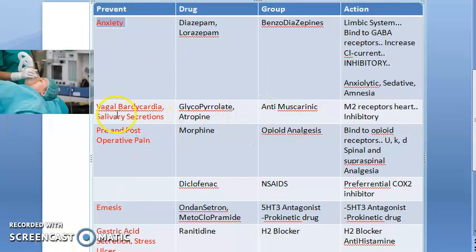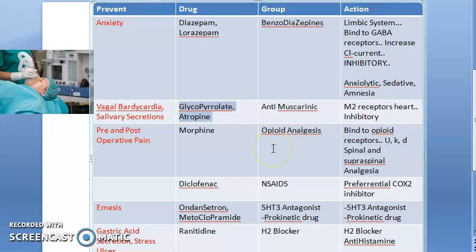Now let's move on. Basically the problem here is bradycardia and salivary secretion. So if we want to stop bradycardia and we want to stop salivary secretions, then you will have to give an anticholinergic drug or an anti-muscarinic drug. Example, glycopyrrolate, atropine. Now, how do these work?